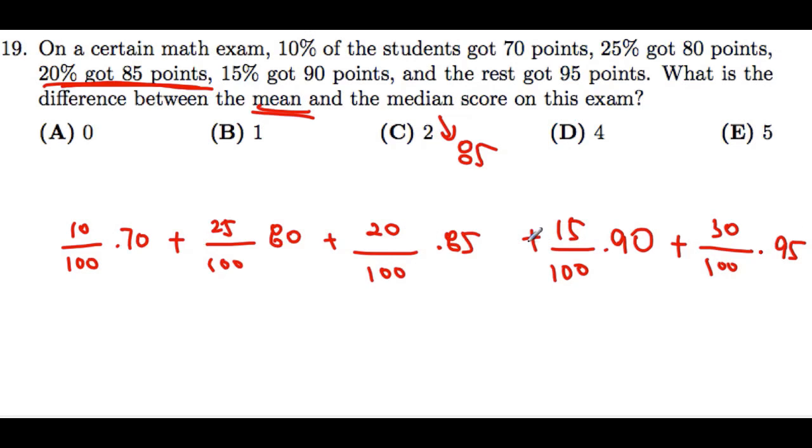Okay. Now, to find the mean, all we have to do is just add these values together. So here it cancels out, becomes 7. Here, these two cancel out, becomes 4. Cancels out, becomes 20.